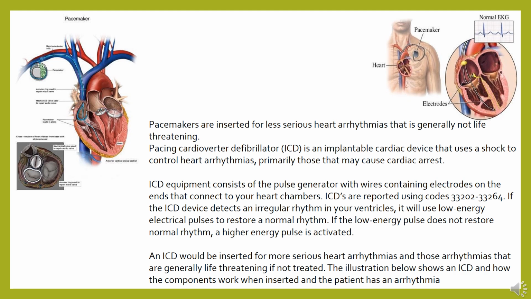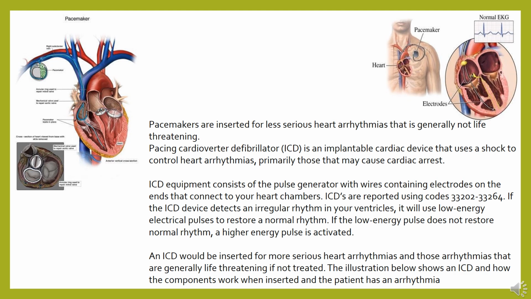Pacing cardioverter defibrillator, ICD, is an implantable cardiac device that uses a shock to control heart arrhythmias, primarily those that may cause cardiac arrest. ICD equipment consists of the pulse generator with wires containing electrodes on the ends that connect to your heart chambers. ICDs are reported using codes 33240-33264.